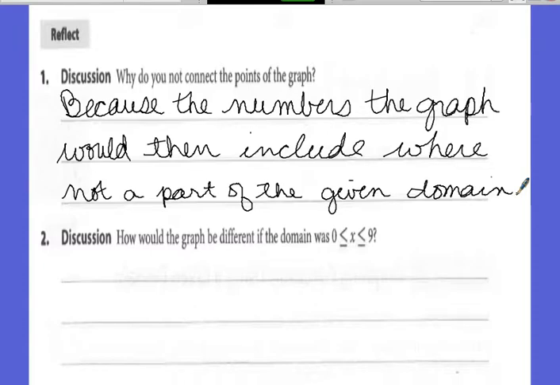But now if you look here, how would the graph be different if the domain was 0 is less than or equal to x, which is less than or equal to 9? Well, now you have to think of what this actually means. So this means that any number, oops, that should be a y, any number from 0 to 9 can be a part of the graph. That includes any fraction, any decimal, it includes 2, 3, 4.